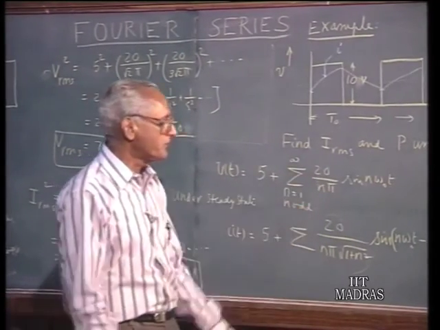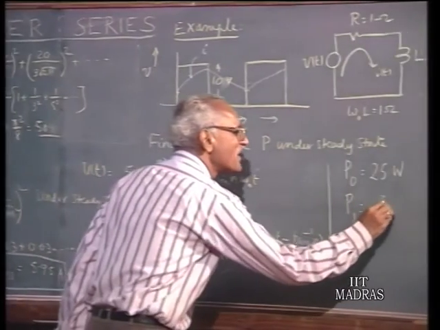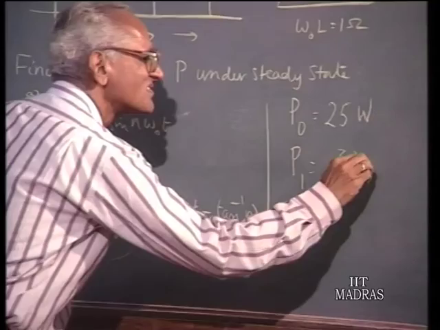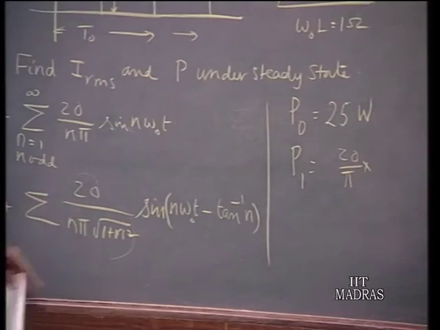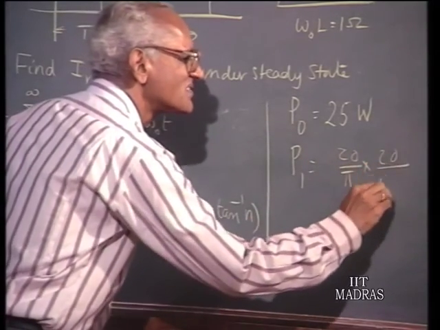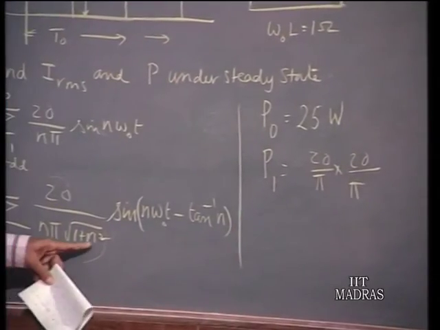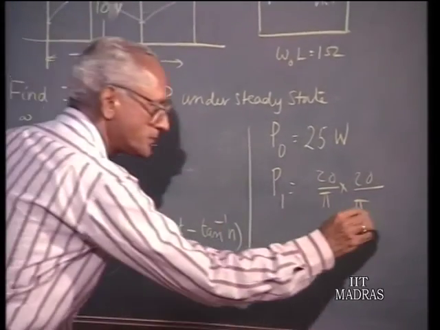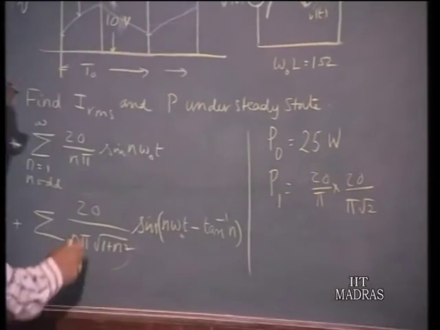For the fundamental power, the amplitude of the fundamental voltage is 20 upon pi. The amplitude of the fundamental component of the current is 20 upon pi, n equals 1, square root of 2, and of course n is equal to 1.